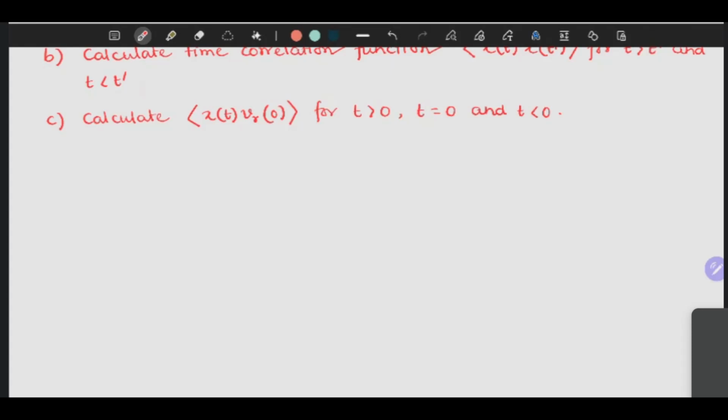So one thing is here that time reversal symmetry is not maintained by this expression.